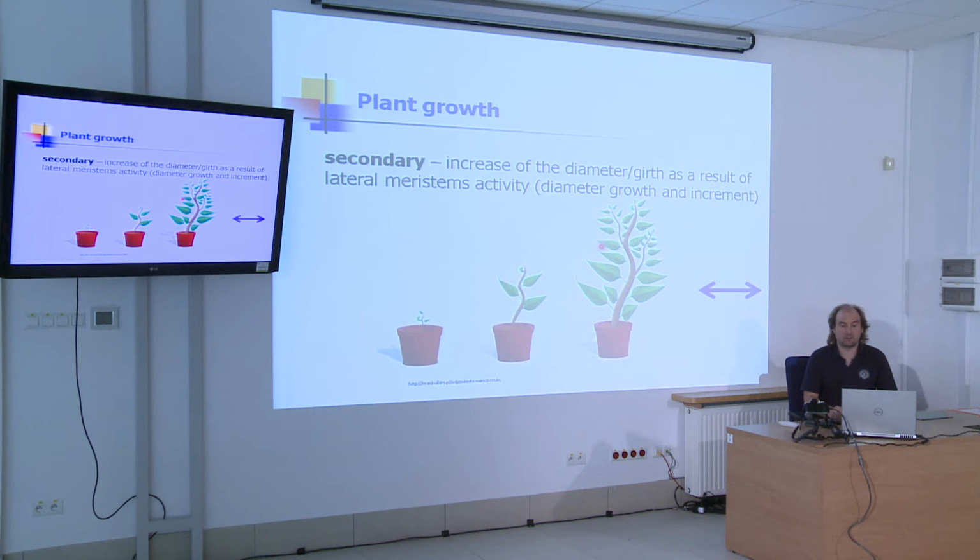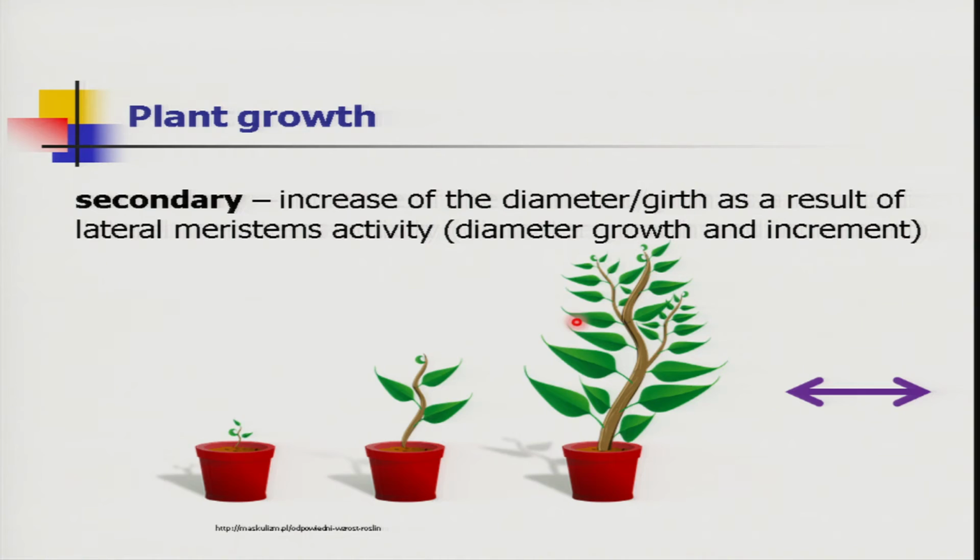Sometimes in specific conditions it's easier or more important for a tree to get thicker than to get higher. All those growths happen all the time through the lifespan of a plant, and when they stop, the tree dies.